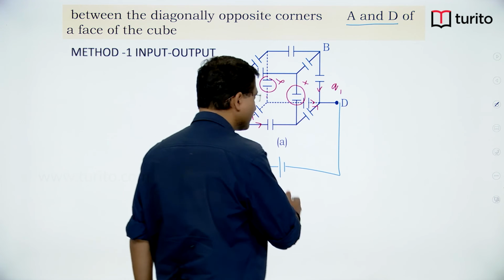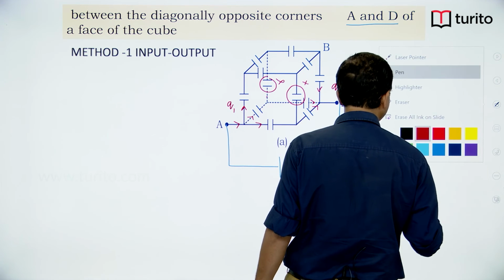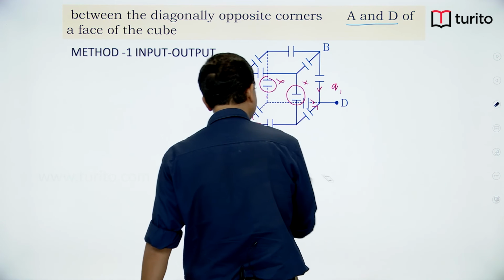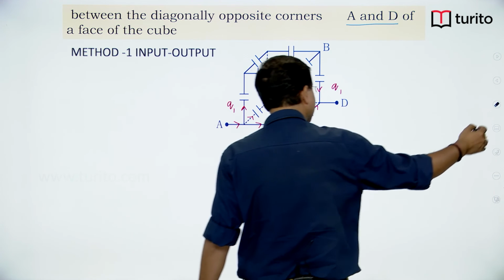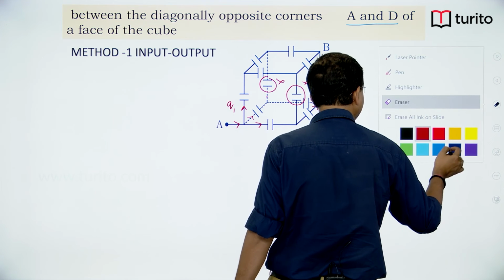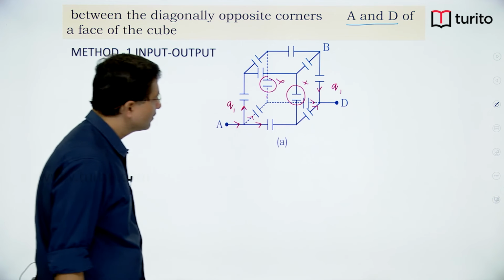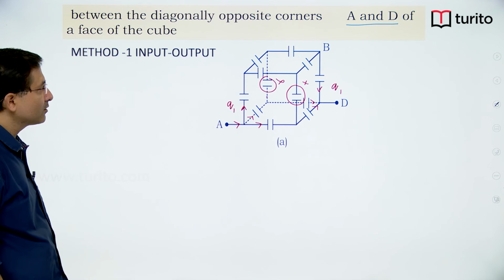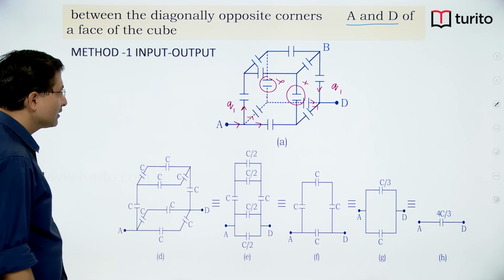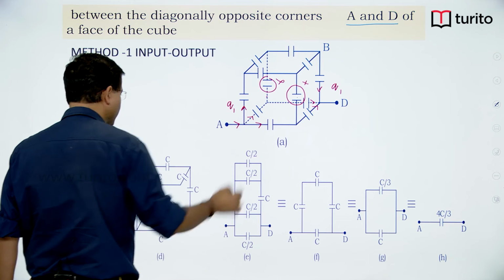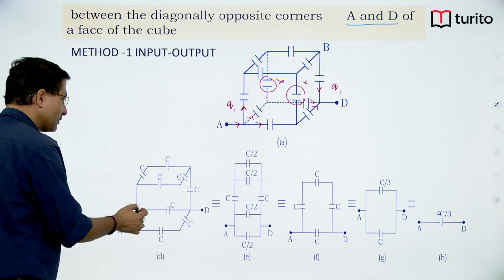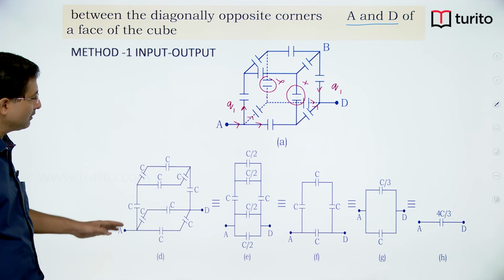So, I will remove the battery. This is just to make you understand how we are connecting the source, right. So, this can be drawn this way, removing these two capacitors, removing this capacitor and the back one, I will be left with this circuit.